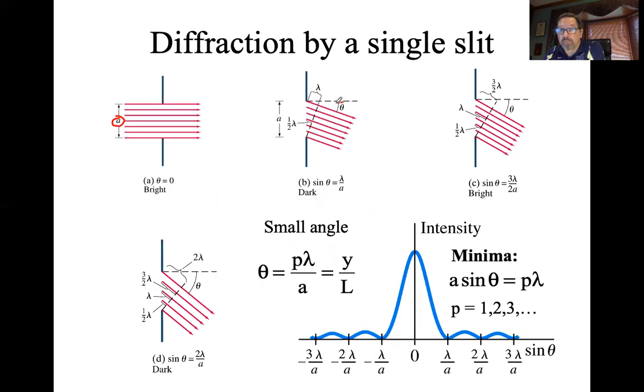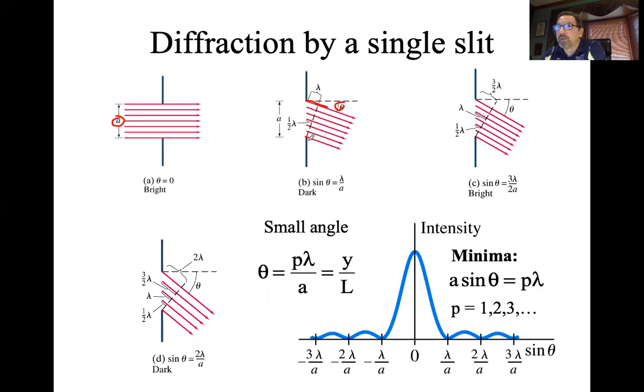Let's tilt the beam at some angle such that the very top ray right here and the very bottom ray right there differ in travel to the screen, which is some distance away, by a full wavelength. Now, for Young's interference, when the two sources differed by a full wavelength, that was constructive interference and gave us bright spots. In this case, the end rays differ by a full wavelength.